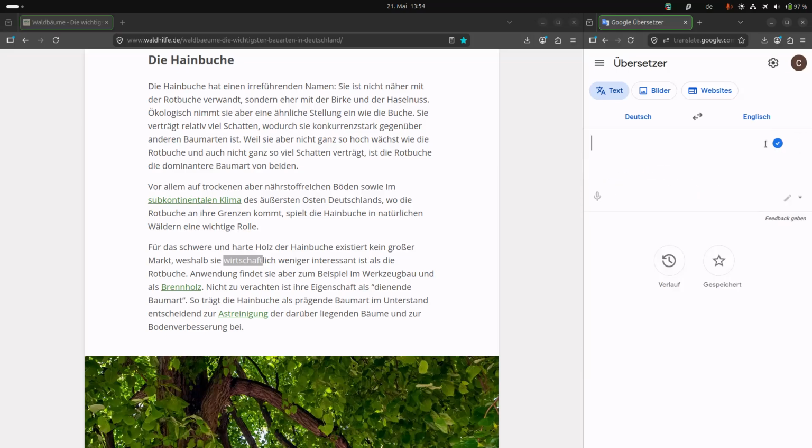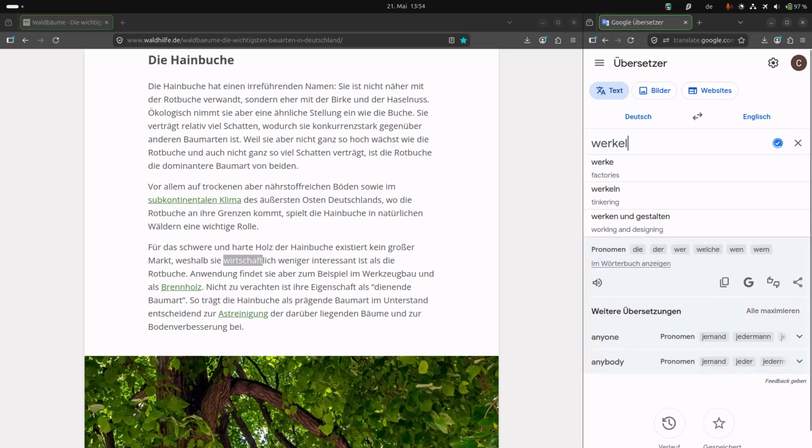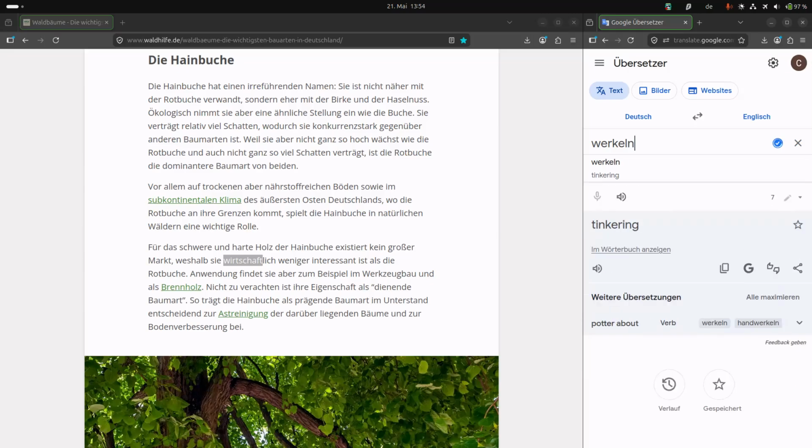Or werken, which is rather in terms of smaller, I don't know what exactly tinkering means. Yeah, probably werken, of course, but I haven't heard that word so far in my life, at least not too many times. But this means rather working on whatever, like electronics or wood on a much smaller scale.